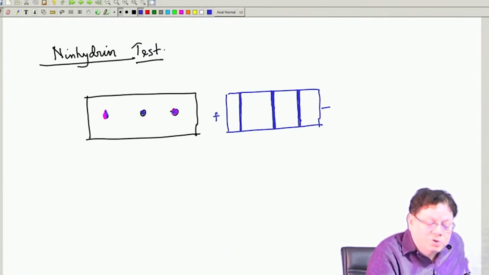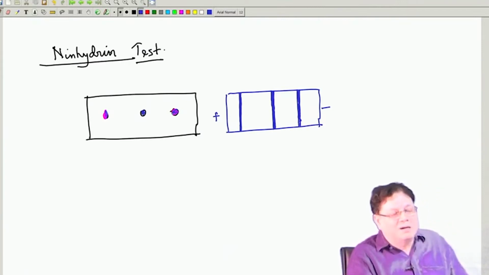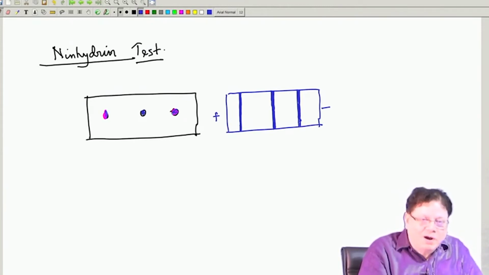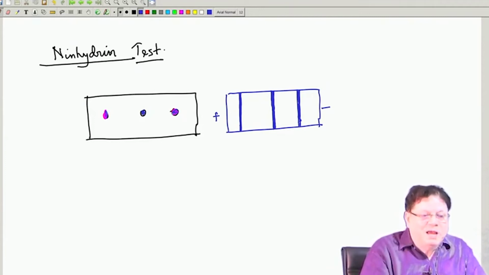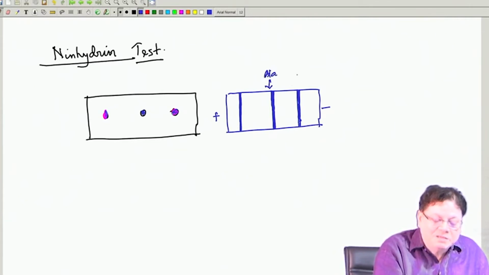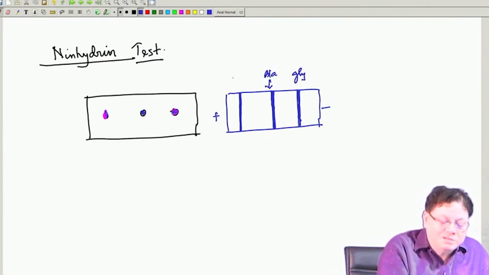I think one more thing I should say, the mobility not only depends on the molecular weight, but it also depends how far away you are from the isoelectric point. That is also important. How far away is your pH from the isoelectric point. So, they will move at different rates. This is your starting point, this is the alanine, this is glycine, and this is your aspartic acid.